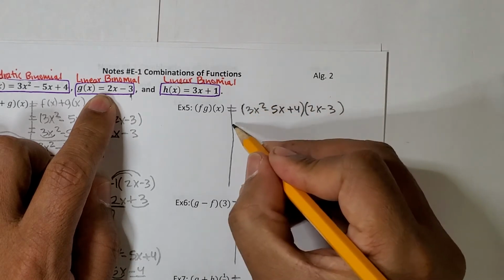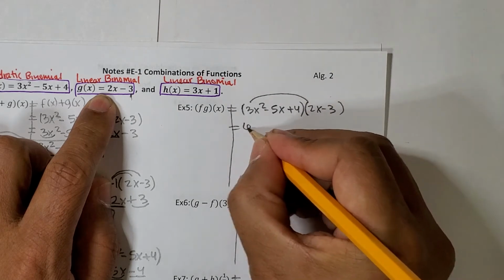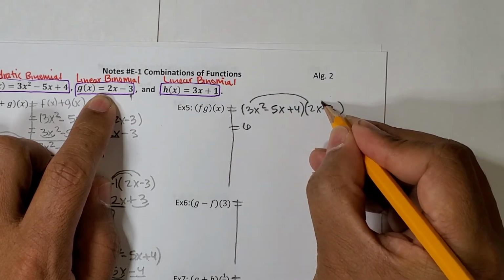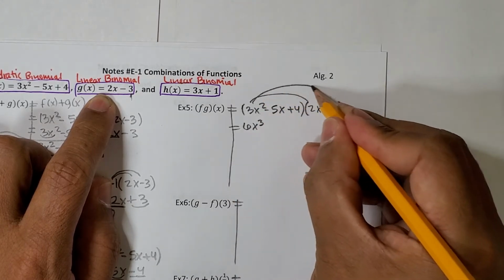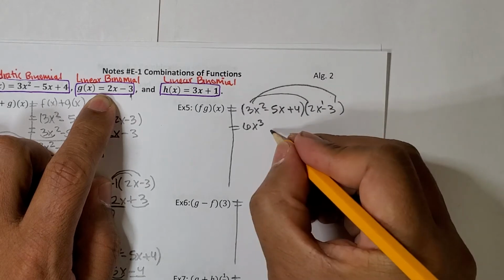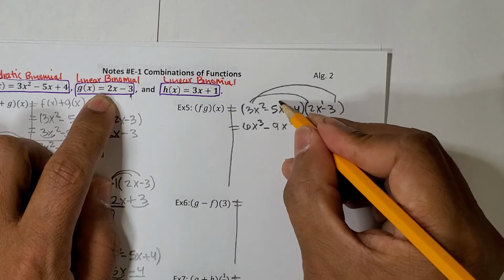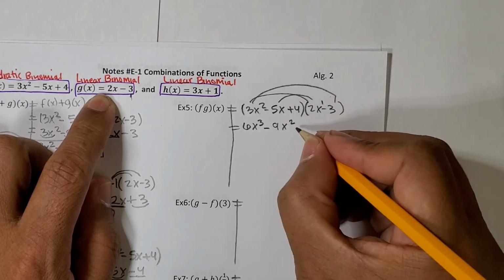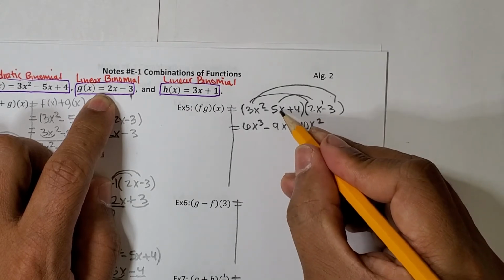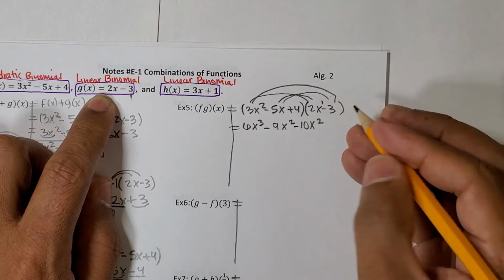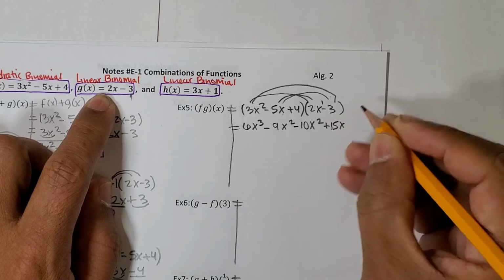Okay, so then constants, 2 times 3 is going to be 6, but x to the second times x to the first, that's going to be 6x cubed, or to the third. 3x squared times negative 3, that's going to be negative 9x squared. Next, negative 5x times 2x is going to be negative 10x to the second. Okay, negative 5x times negative 3 is going to be positive 15x.